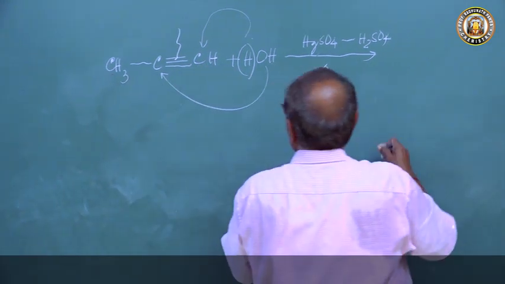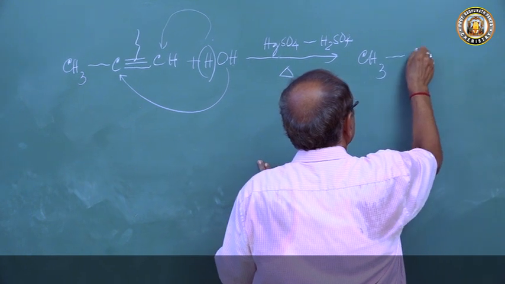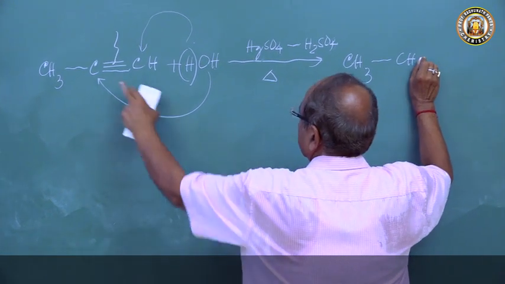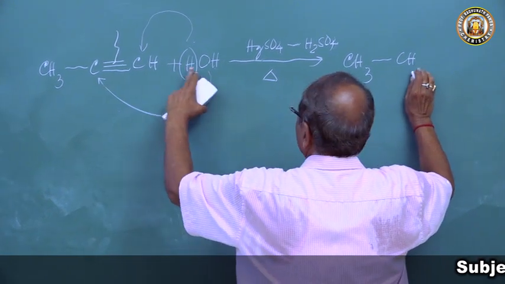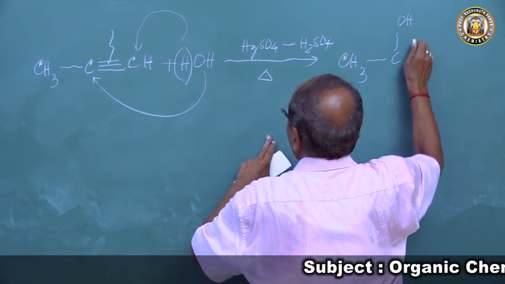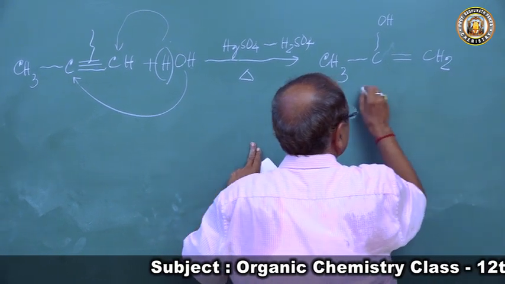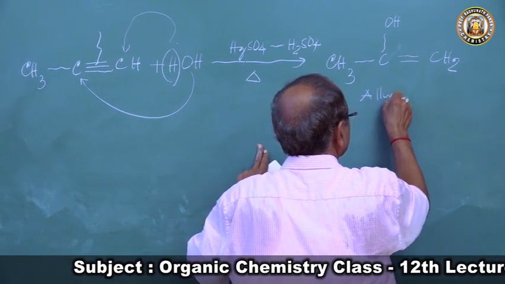So we get this compound as CH3-C(OH)=CH2. This is allyl alcohol.